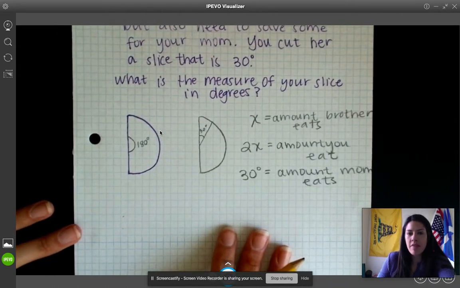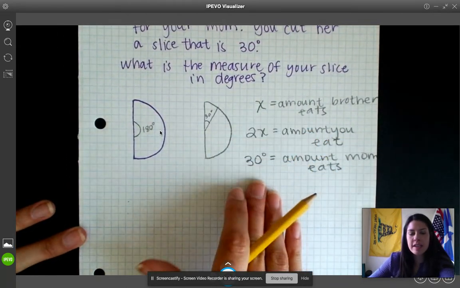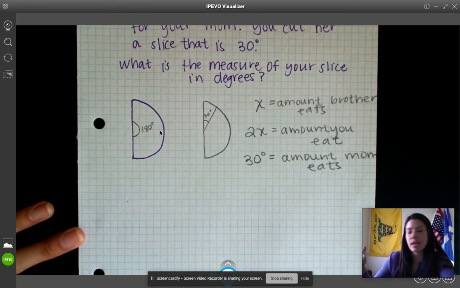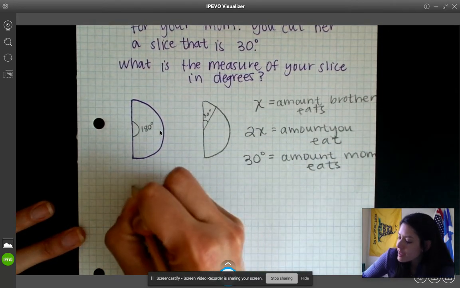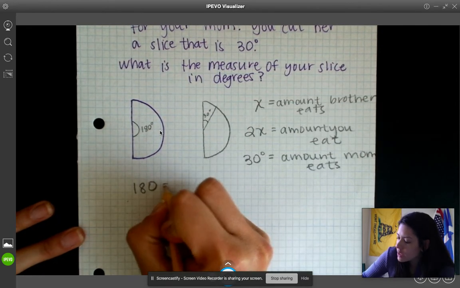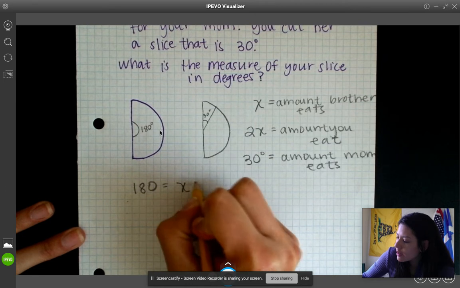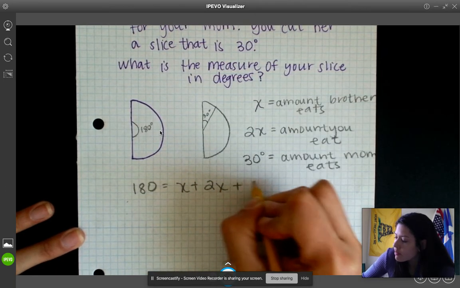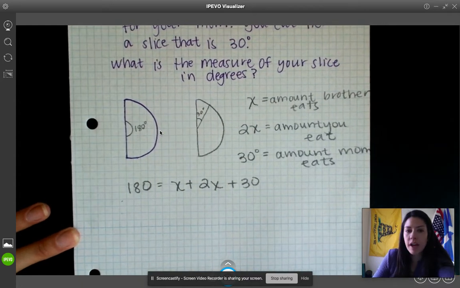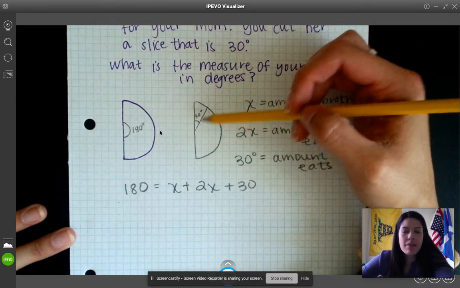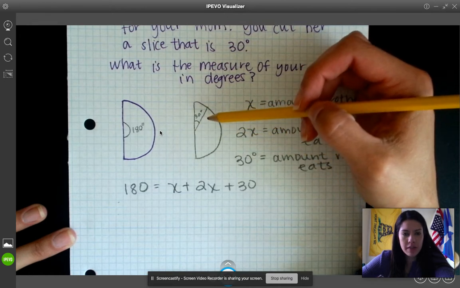Then I want to add all three things up and set it equal to 180 degrees. So 180 is equal to x plus 2x plus 30. On this pie, I know that mom is going to eat 30 degrees.